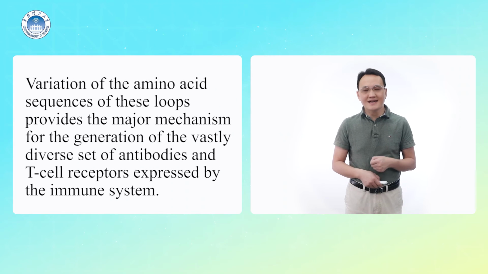Variation of the amino acid sequence of these loops provides the major mechanism for the generation of the vastly diverse set of antibodies and T-cell receptors expressed by the immune system. These loops are referred to as hypervariable loops or complementarity determining regions, called CDRs.